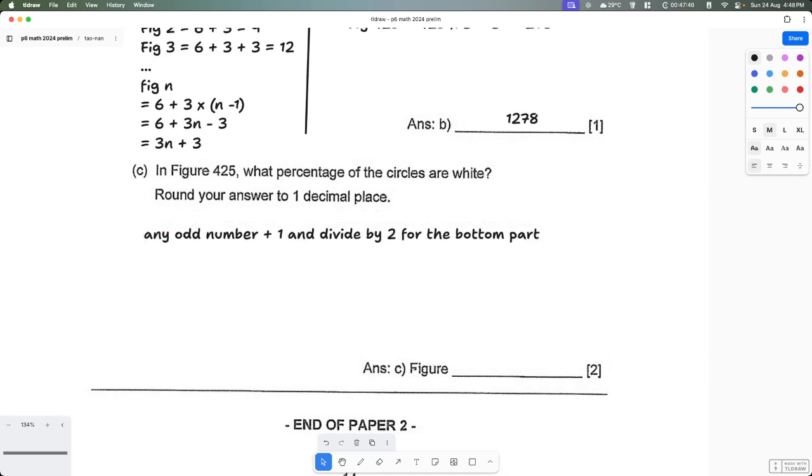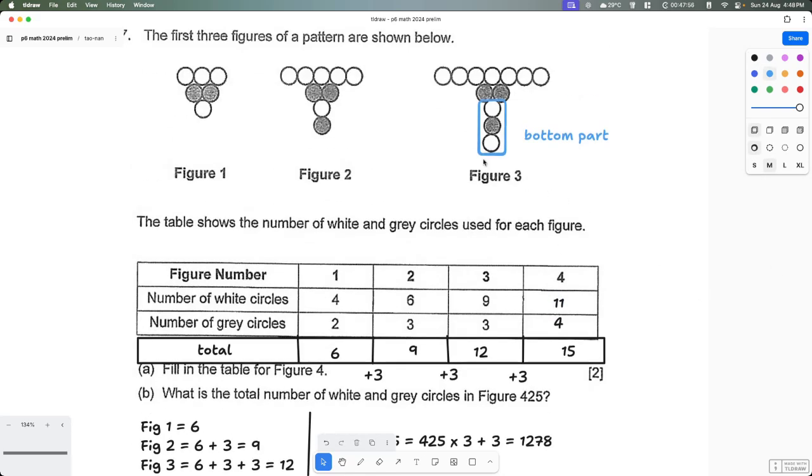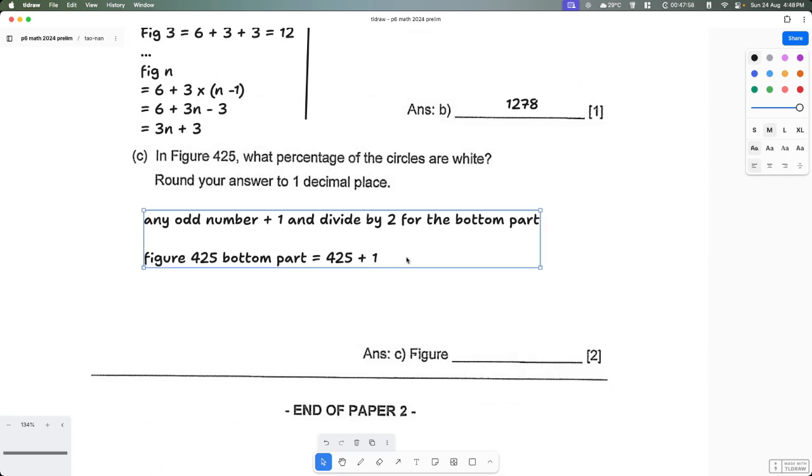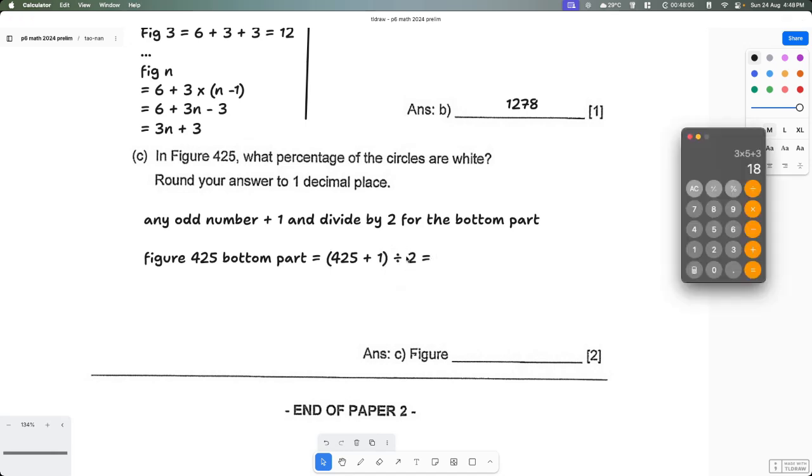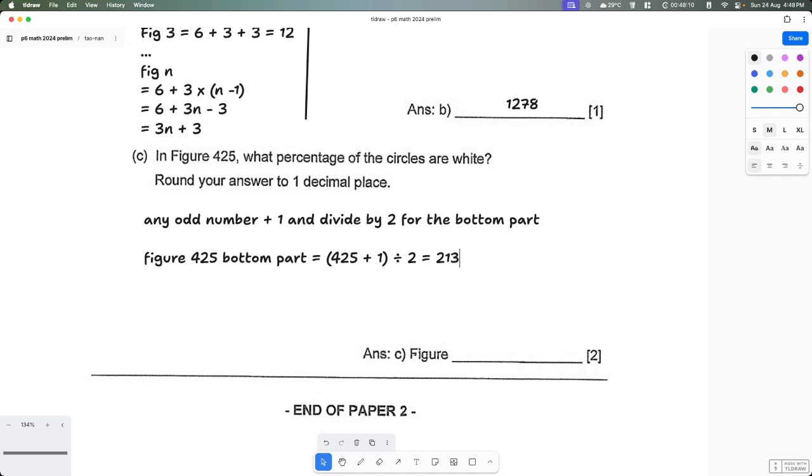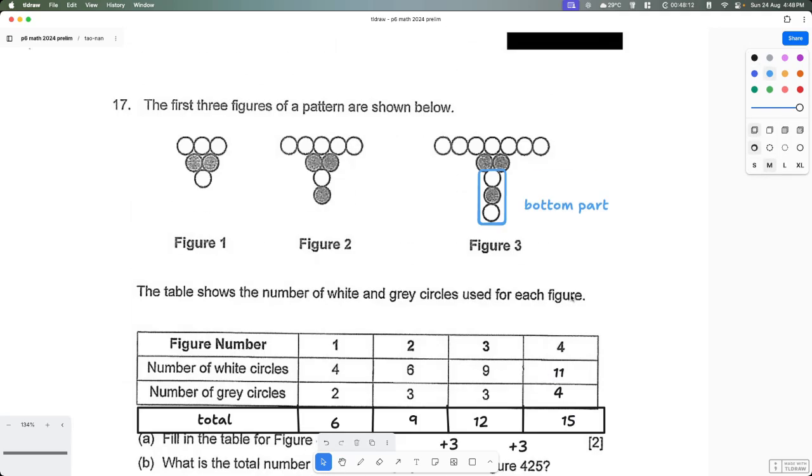So figure 4 to 5 bottom part is equal to 4 to 5 plus 1, if I'm not wrong, divided by 2, and then divided by 2. So 4 to 6 divided by 2, this will be 213. 213. Okay, so we want to get the top part now.